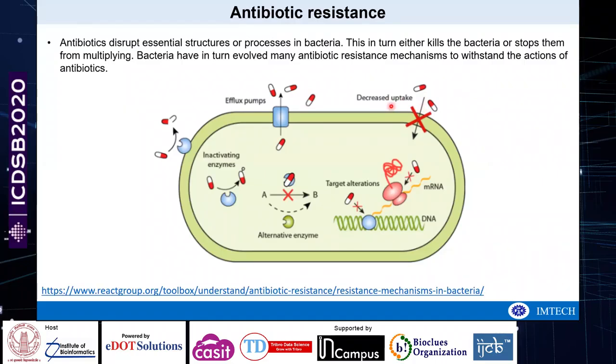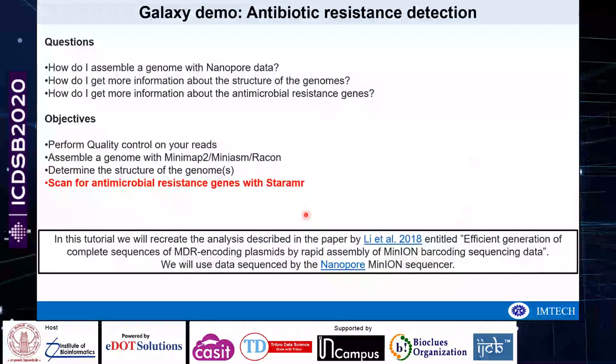Here you can see decreased uptake, efflux pump, inactivating enzymes, alternative enzymes, target alteration. For understanding these resistance mechanisms, we need to have the catalog of resistance genes. So how do we predict these genes from nanopore raw sequence data using Galaxy? This is what I'm about to discuss.